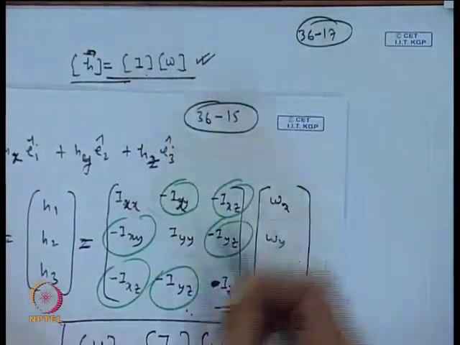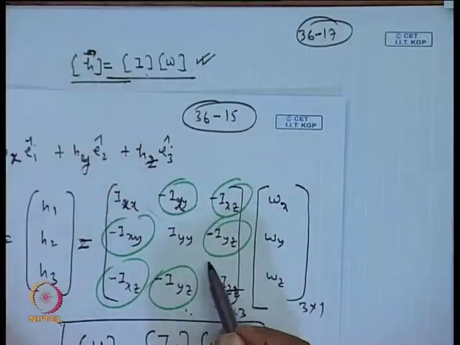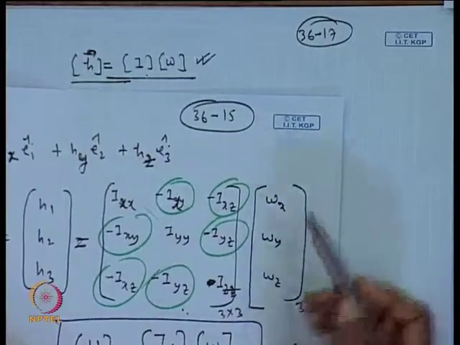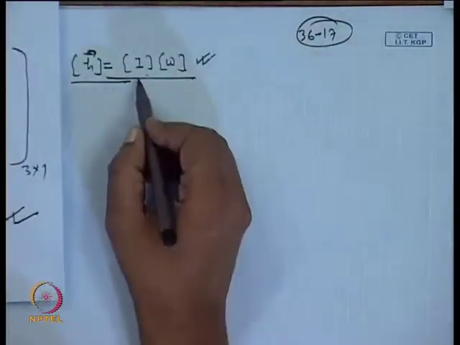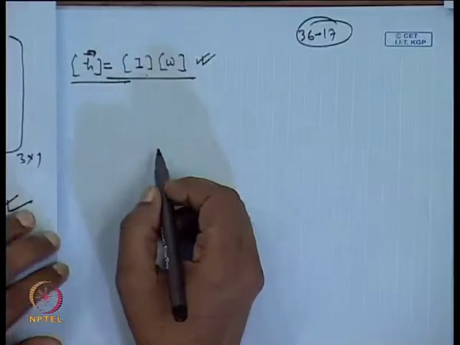In this format you can see that the off diagonal terms are present. So, obviously, you do not have the principal axes consideration here. So, we need to reduce it first into that form.